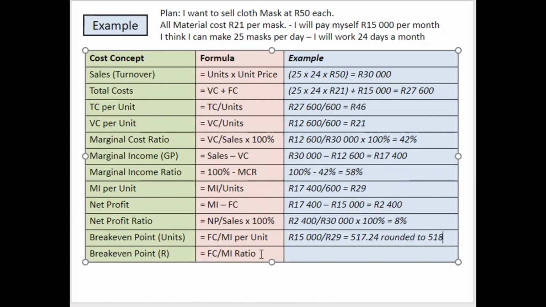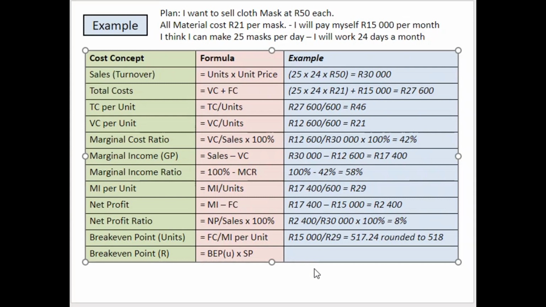Okay, and now in this case, I'm going to simply take my break-even point in units to calculate my break-even point in Rand. So I'm going to multiply my break-even point in units with my sales price. The other way of doing it, as I explained on the other slide.